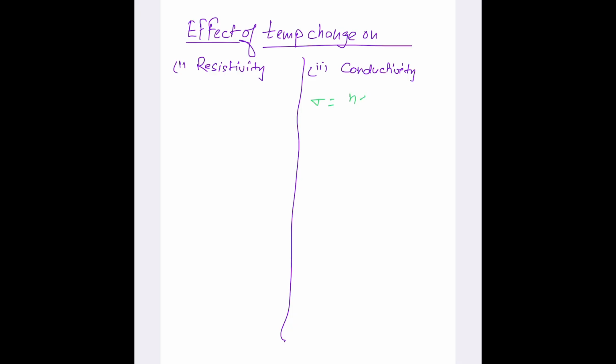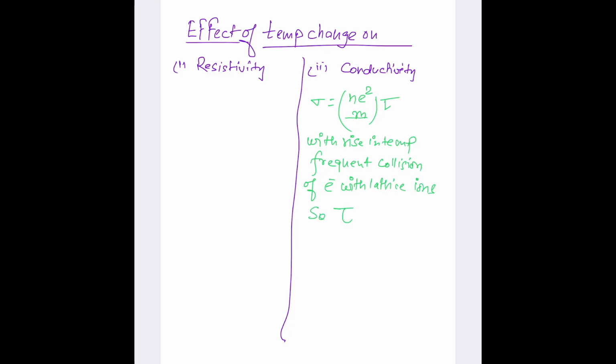As we have already derived the equation for conductivity, which comes out to be n squared by m into relaxation time, and we know that n squared and m are constant, they don't change with the temperature. The only parameter which will change with the changes in temperature is relaxation time.